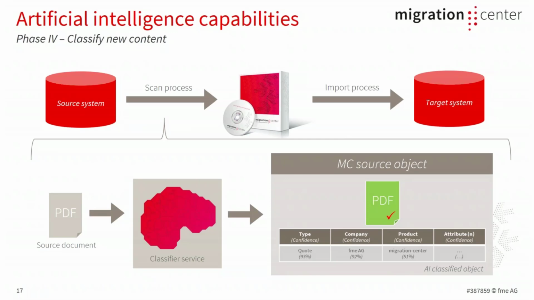For example, in this case, we have a PDF document which comes from the source system, and our classifier service, which is based on your trained algorithm, returns the predicted attribute values or classifications, and a confidence level.